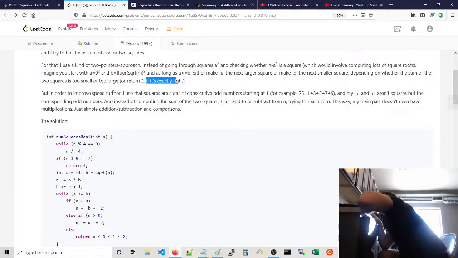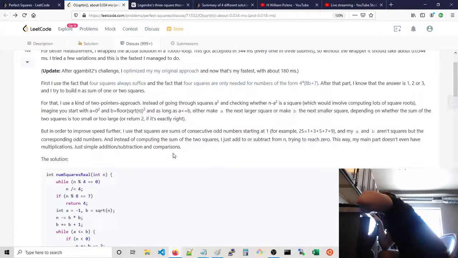But in order to improve speed further, I use that squares are sums of consecutive odd numbers starting at 1. True. For example, 1, 3, 5, 7, 9. And a and b aren't squares, but the corresponding odd numbers.